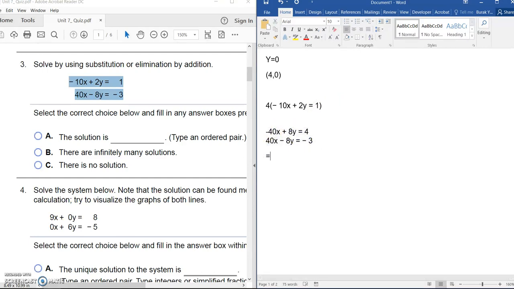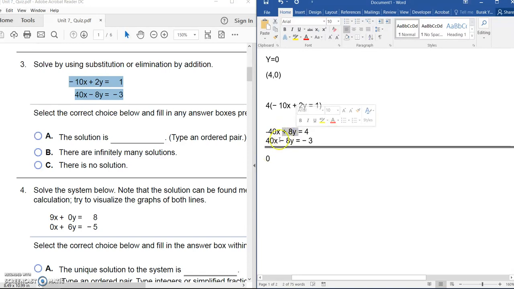If I can add these side by side, negative 40x, positive 40x, they cancel out. We got a 0. Plus 8y minus 8y, they too cancel out. I only tried to cancel out x's, but coincidentally the y's also got cancelled. So we got 0 equals 4 minus 3, which is positive 1.